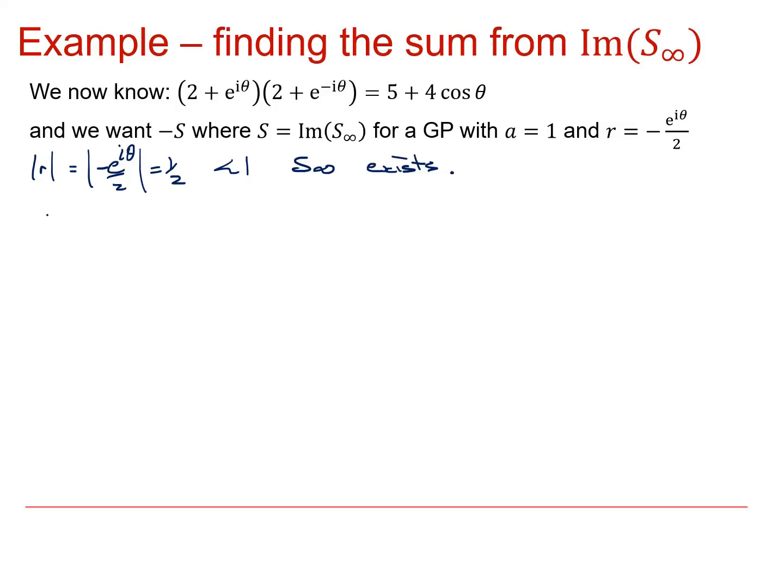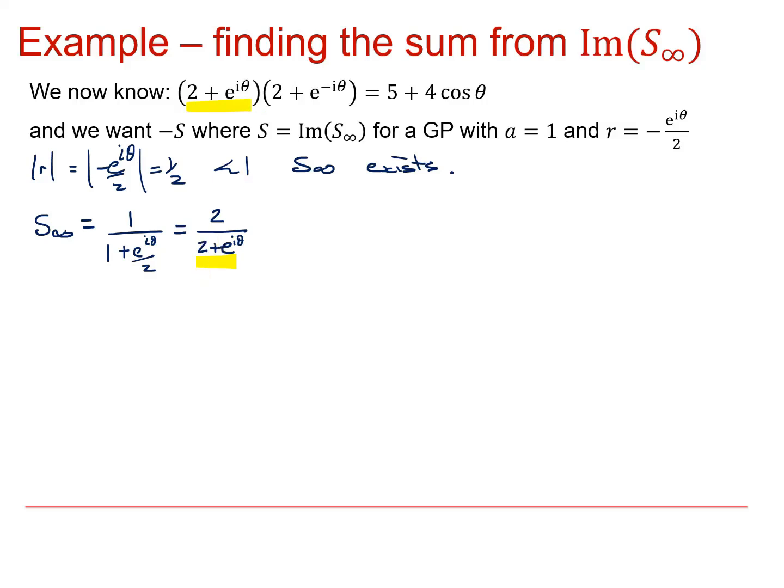So if we now look at the sum to infinity, the sum to infinity is going to be a over 1 minus r, so that's going to be 1 over 1 plus e to the I theta over 2. If I just tidy that a touch, I'm going to get 2 over 2 plus e to the I theta. And this thing here is the same as this that we were asked to work with on the first question.